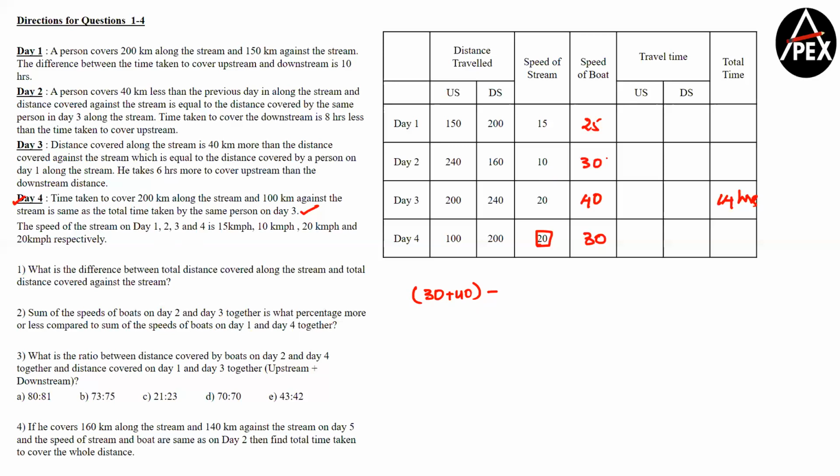Day 1 and day 4 together will be 55. So it will be 70 minus 55 by 55 into 100, which is 15 by 55 into 100. It's approximately 27 percent more.